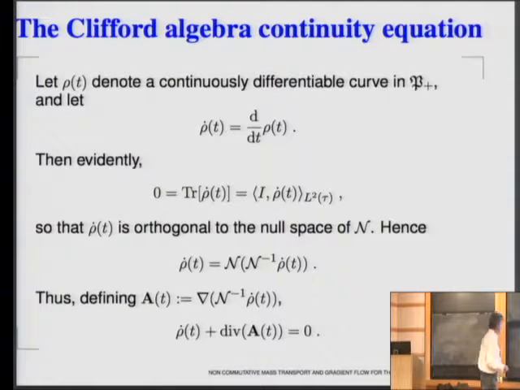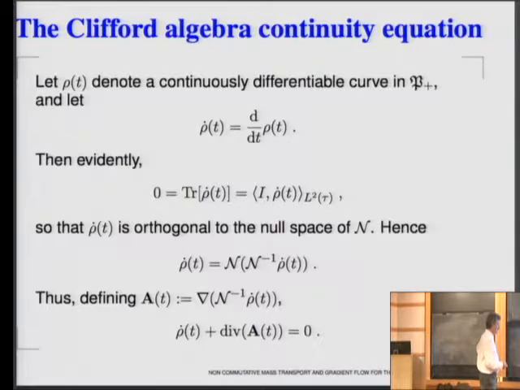Okay. So now we can write down this continuity equation. And so if you've got this continuously differentiable curve, here's the rho dot. Now we can do it rigorously in this really finite dimensional setting for fixed n. The rho dot has 0 trace because the trace is constant. And so it's not in the null space of n.